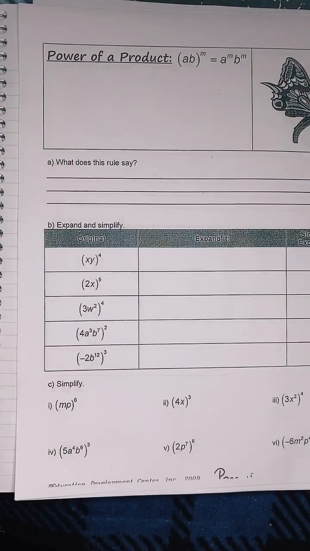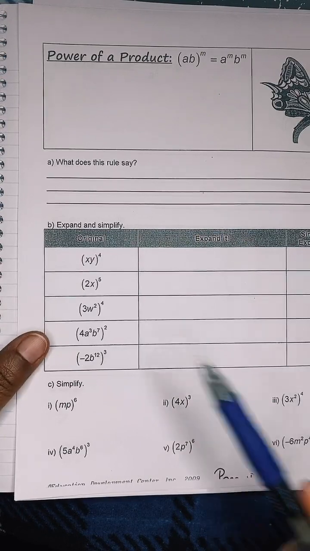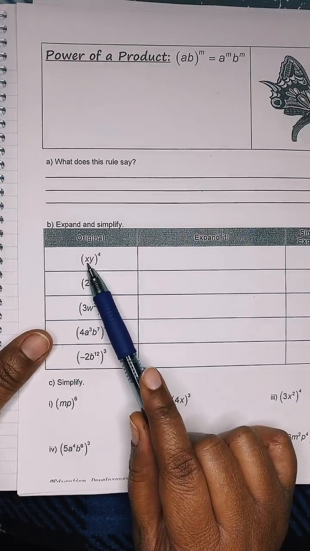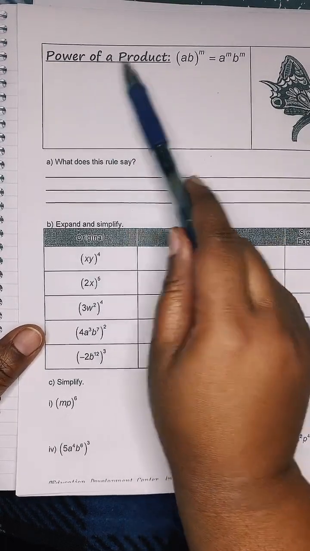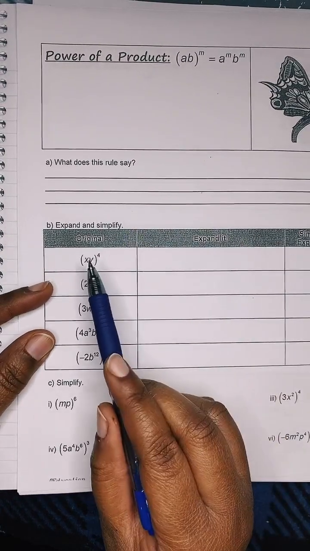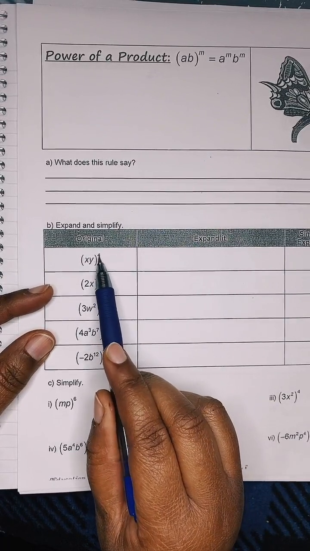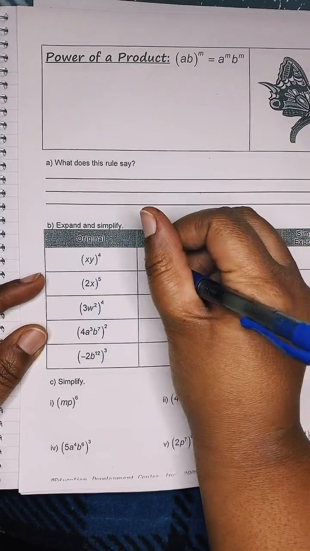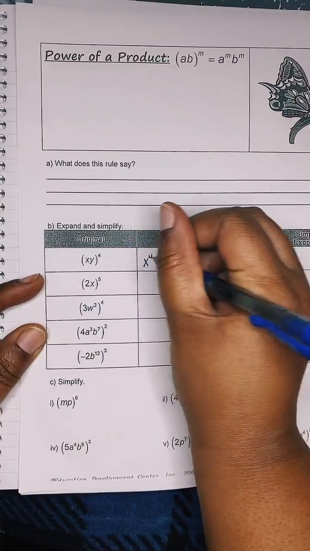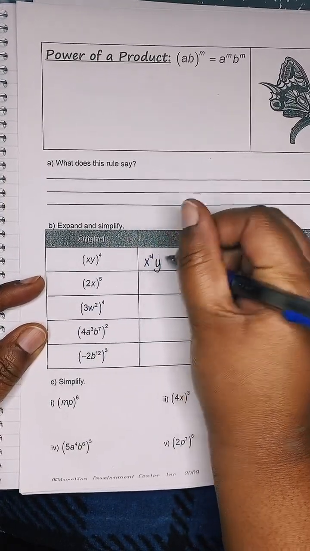Okay, so I do want to explain the difference here. So what do I mean by that? See how we have two different terms here? And so what a power of a product says is I have to distribute this 4 to every single thing. So I have to do x to the 4th, y to the 4th.